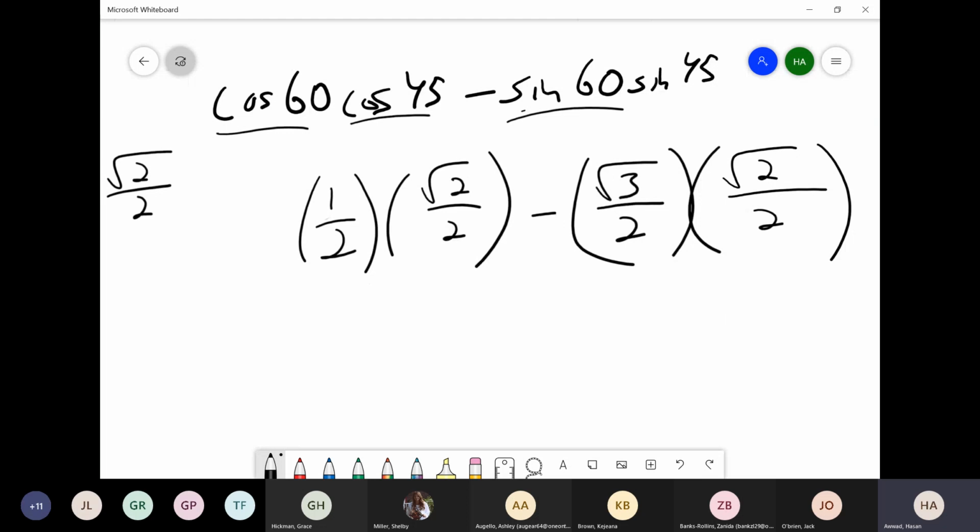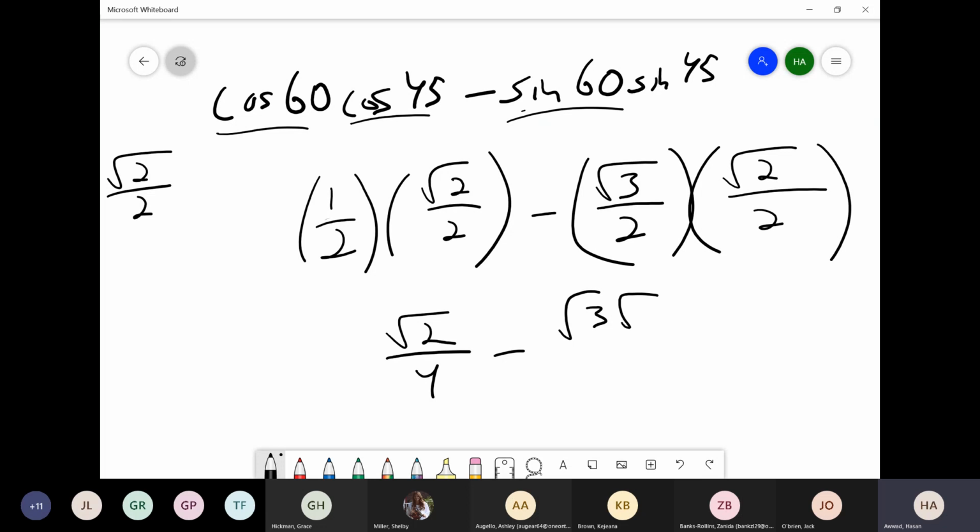When you multiply fractions, you're just multiplying across top and bottom. So you have 1 times square root of 2 on top, which gives you square root of 2, and you have 2 times 2 on the bottom, which gives you 4. Then for the other piece, square root of 3 times square root of 2.